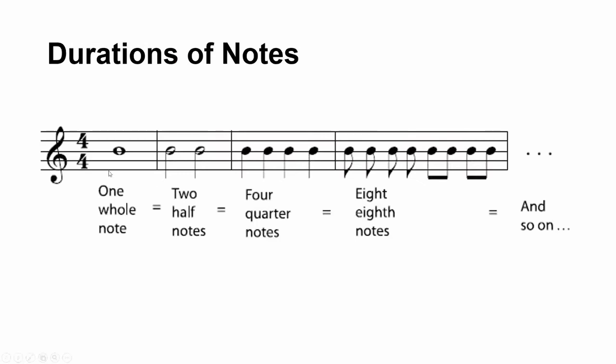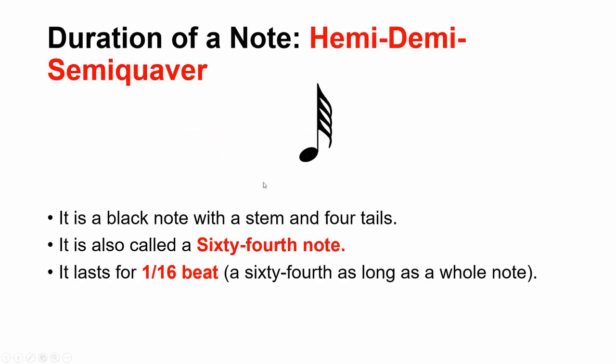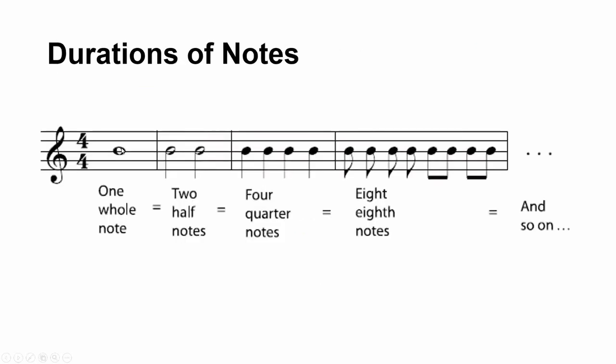All right, now let's look at the duration of notes. You'll notice that they're all related by duration. Let's look at this, for example. When you see a piece of music like this, this is your whole note. A whole note is equal to 2 half notes.